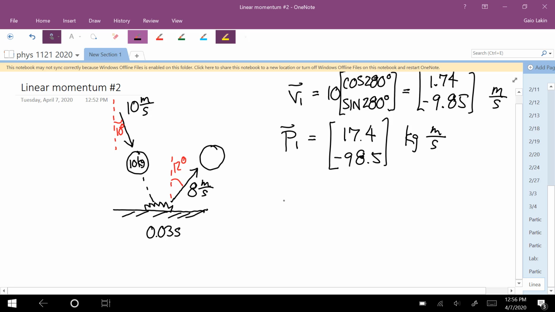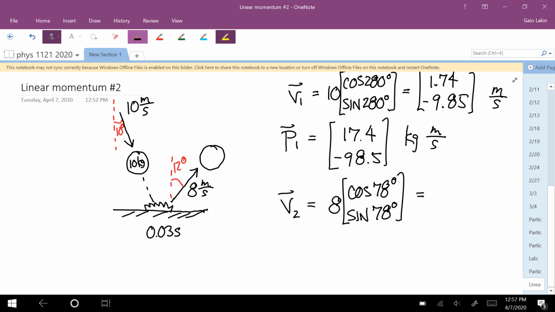Now for the second one, the velocity at that second instant is the speed of 8 meters per second times cosine and sine of, the way I have it here, 78. So 8 times cosine of 78, sine of 78.